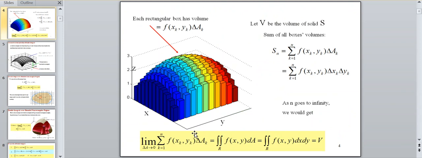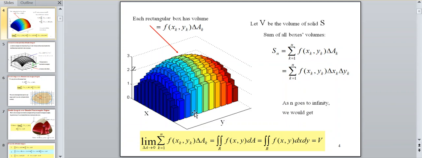If the function f on region R is positive, it means the values of the function are positive on region R. Let's look at this product more closely. What does f of x k, y k times delta A k mean? Actually, it is the volume of each rectangular prism.